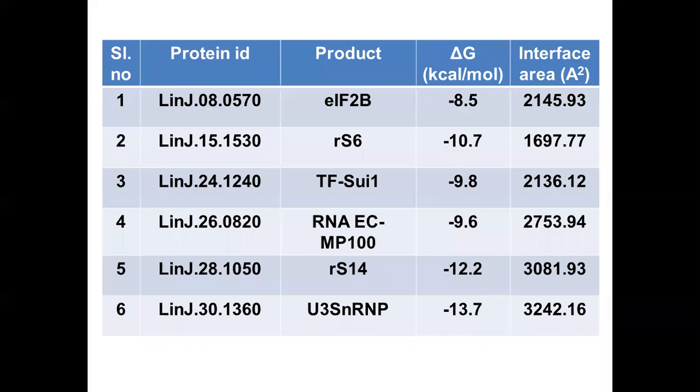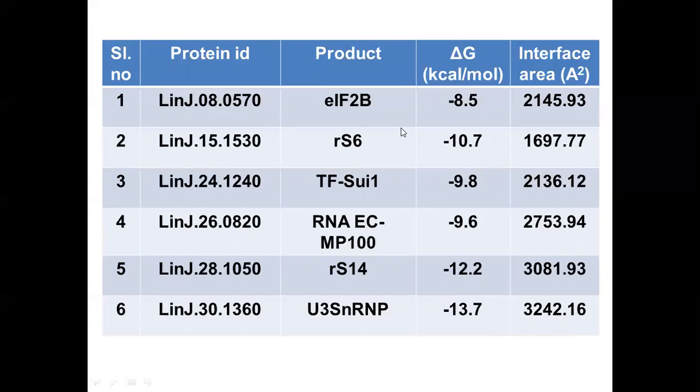Now we screened all of those genes for in silico protein-protein docking with L. infantum LCMT, and we found that at least 6-7 genes can potentially interact with LCMT, with satisfactory delta G value, which indicates the level of interaction, and sufficient interface area for protein-protein interaction. So this is the surface area of the interface.